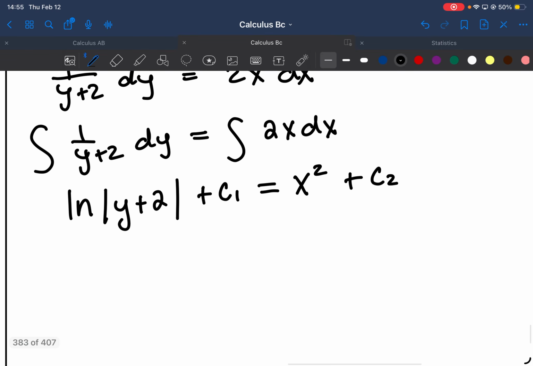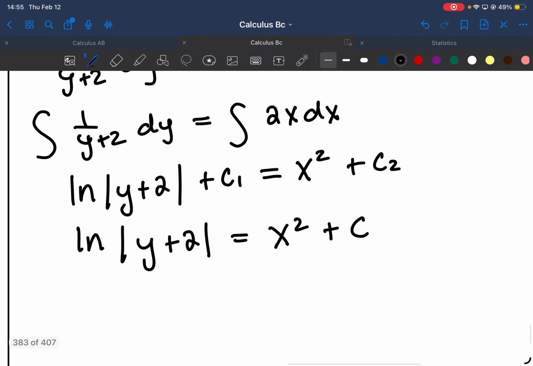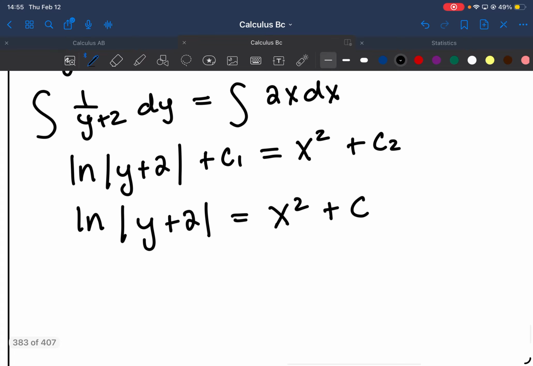What's my next step? Move c1 over, and then it becomes a collective c. So the natural log of absolute value of y plus 2 is equal to x squared plus c. Okay, now what? Put everything to the power of e. Good. So everything becomes the power of e, and that is to cancel out the natural log.